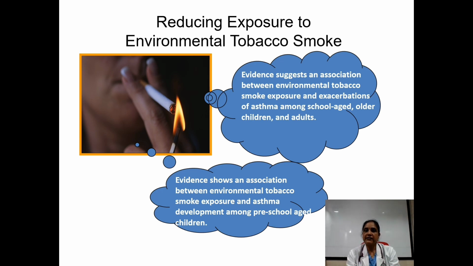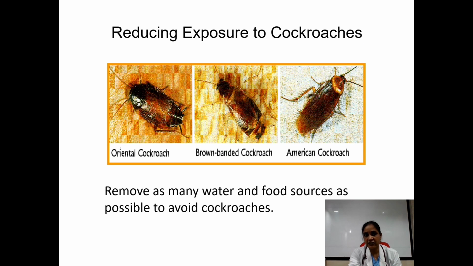Evidence suggests an association between environmental tobacco smoke exposure and exacerbation, and it also shows that environmental tobacco smoke can cause asthma even in preschool children. So if the parents are smokers, then the kid is going to be affected. You should encourage them to stop smoking and passive smoking to their kids.